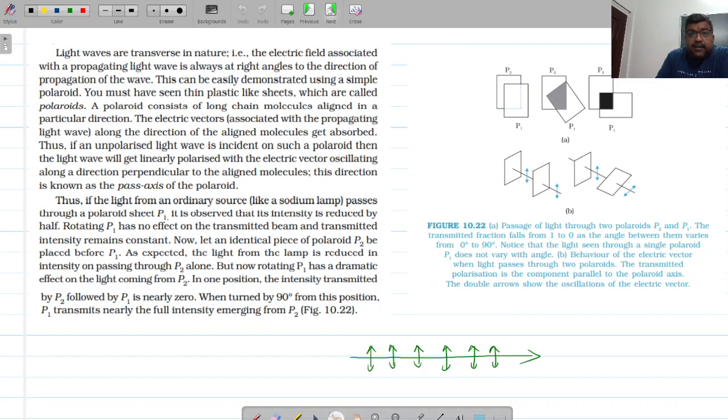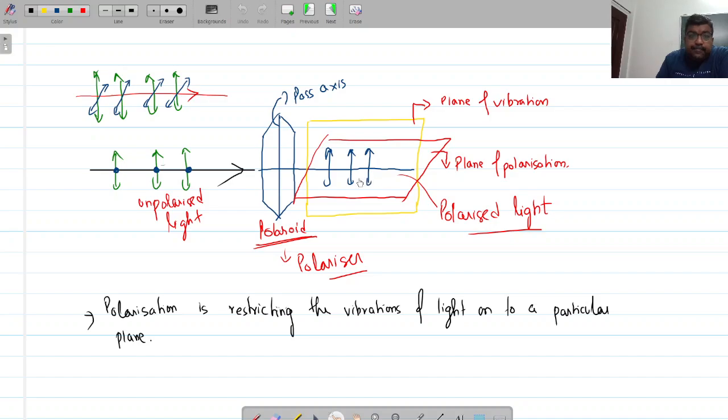See what happens. This is ordinary light. It is passed through a Polaroid and vibrations are taking place in this axis.